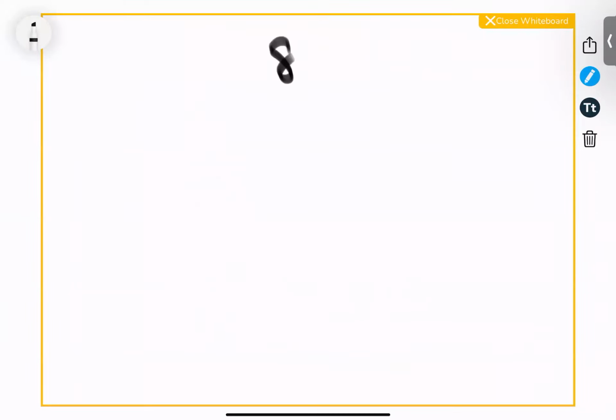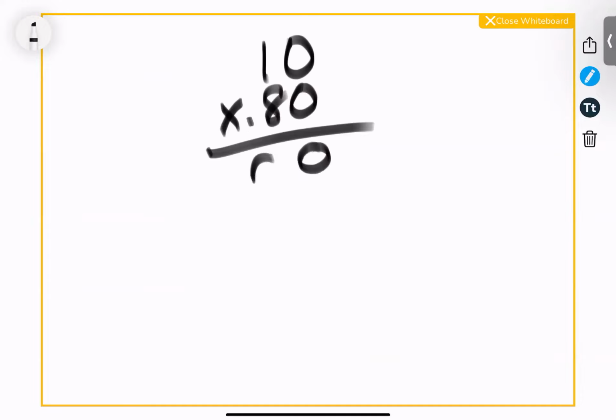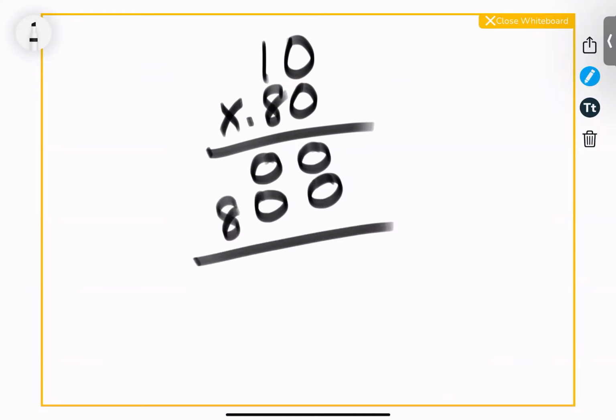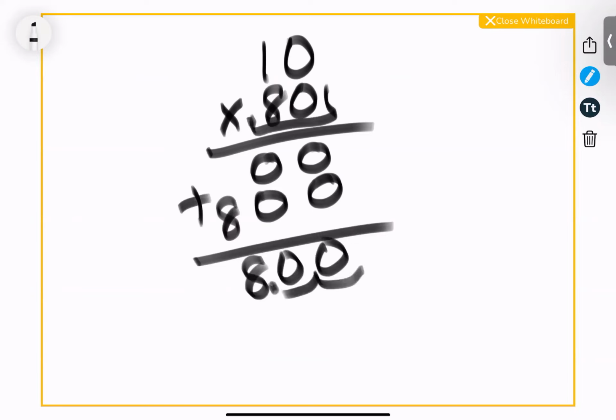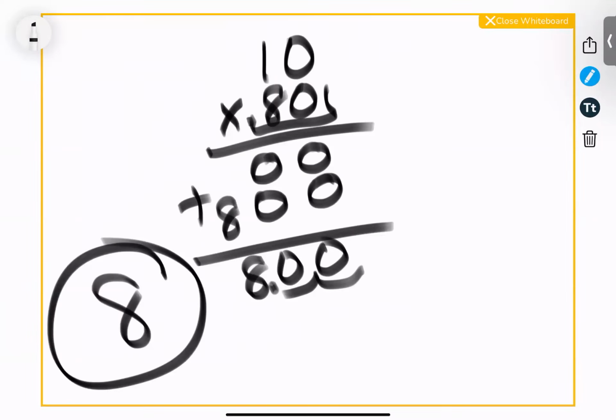So we're going to do, let's keep it consistent, 10 times 80 hundredths. 0, 0, place saver. 0, 8. Add them up. 2 decimals in my question, 2 decimals in my answer. 80% of 10 is 8.